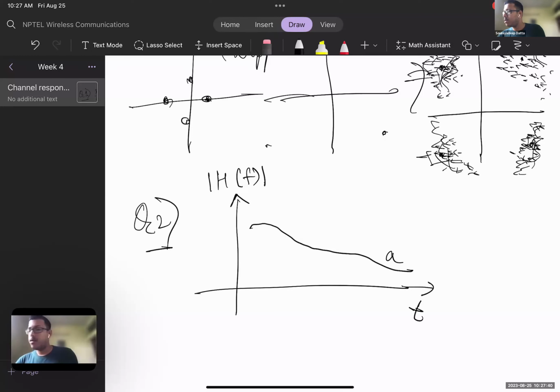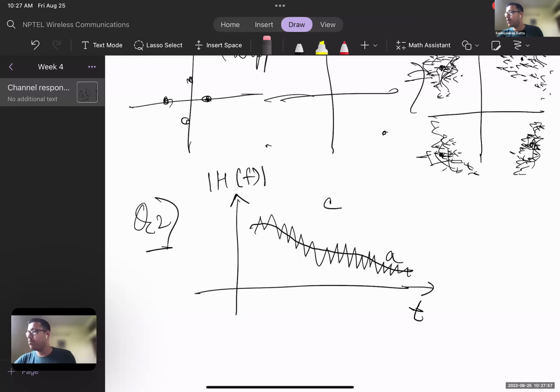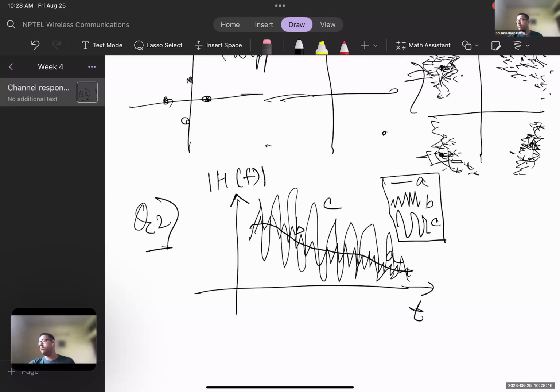Then you have a slightly wiggly curve, which is B. And then you have a very oscillating curve, which is C. I don't have color, so I'm not able to do a great job, but let me make a small legend. The most static line is A, the slightly wiggly line is B, and this line is C. All of these three lines have the same mean.